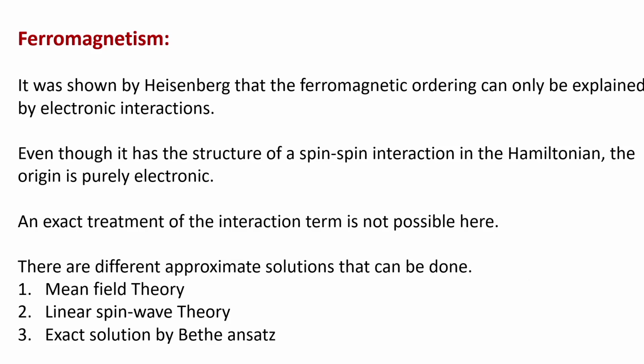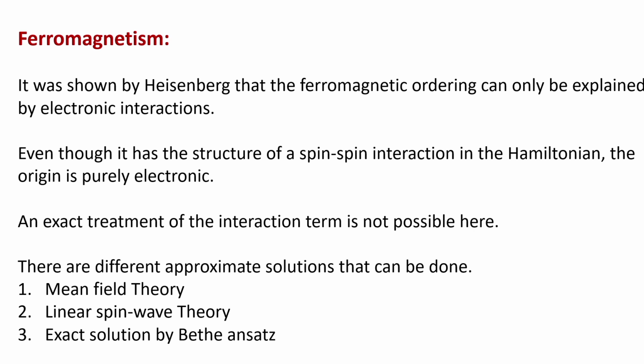Now, to study ferromagnetism, it was shown by Heisenberg that ferromagnetic ordering can only be explained if you invoke electronic interactions. Even though it has the structure of a spin-spin interaction in the Hamiltonian, the origin is purely electronic in nature, and an exact treatment of the interaction is not possible. It will be a long derivation.